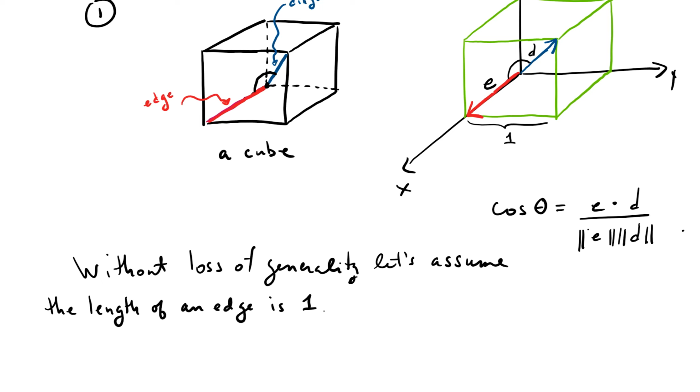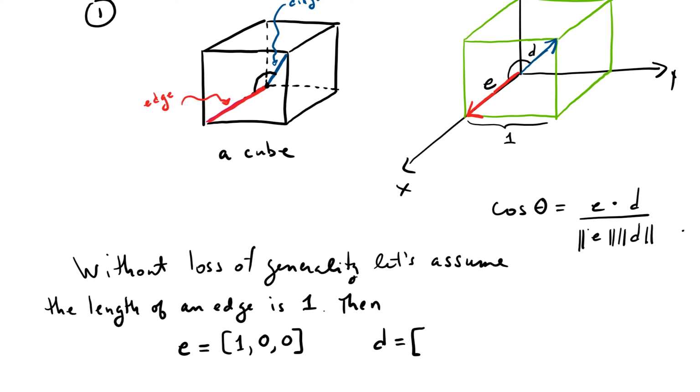So what are the coordinates of E? Well, E goes 1 unit along the x-axis, 0 units along the y-axis, 0 units along the z-axis. It doesn't go up and it doesn't go along the y-axis. Well, what's d now? Well, d is quite the opposite.